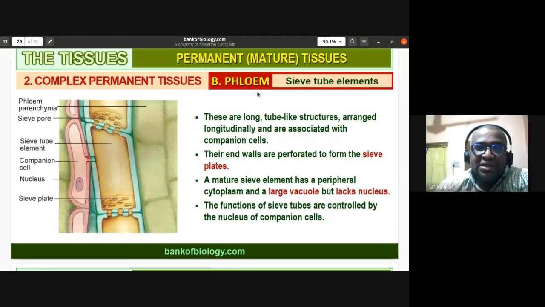So what are the phloem elements? If you look at the longitudinal section of the phloem, you find the sieve tubes arranged one above the other in a continuous tube-like structure.